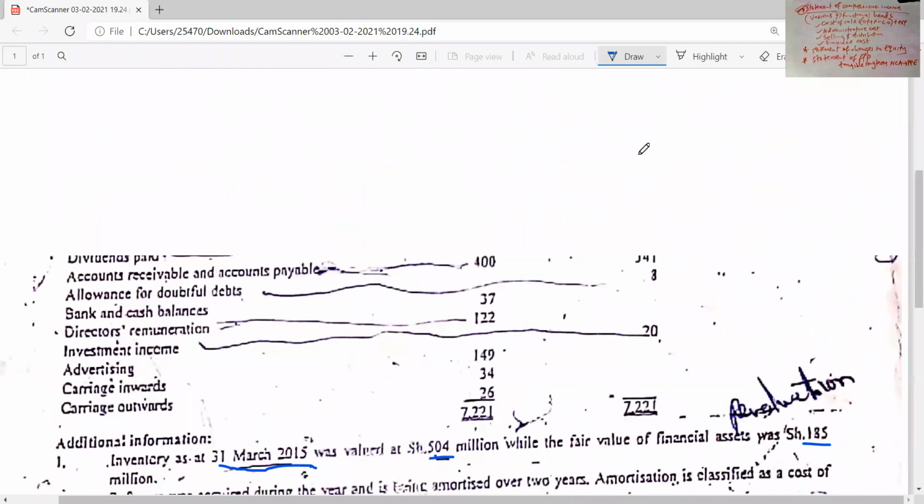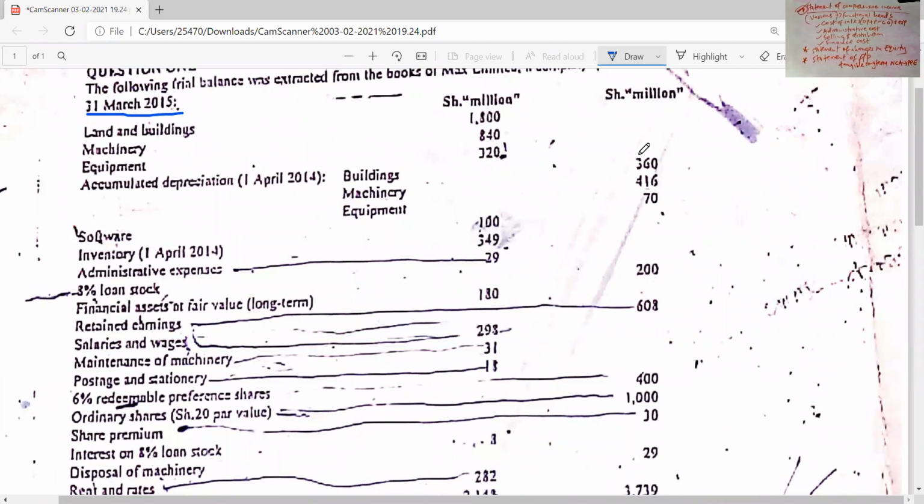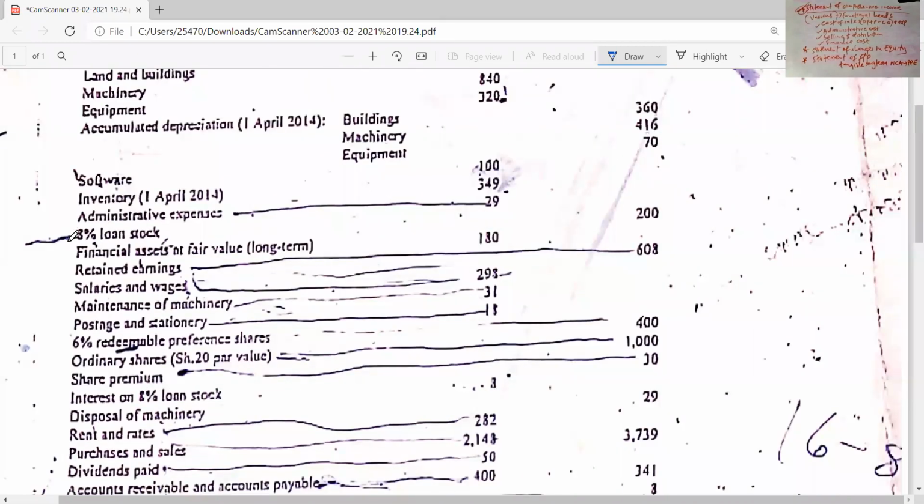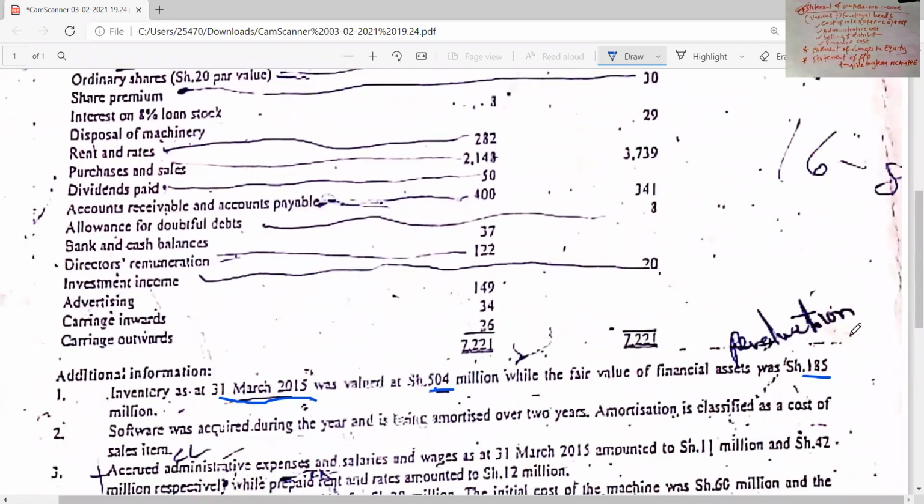What figure was there in our trial balance? Go to the trial balance and check. You have financial assets at fair value. It was 180. But at the end of the year, we are told it's 185.